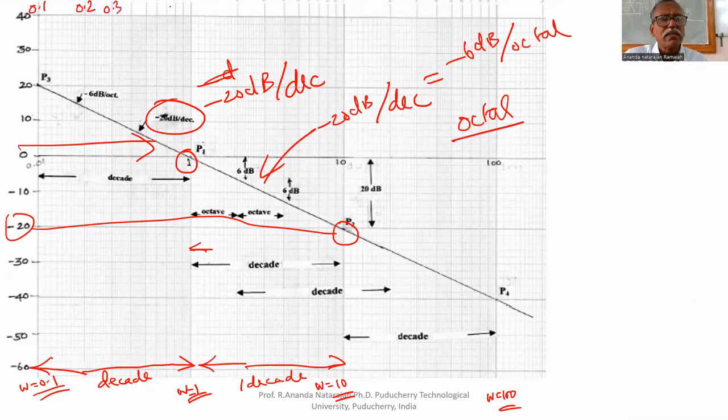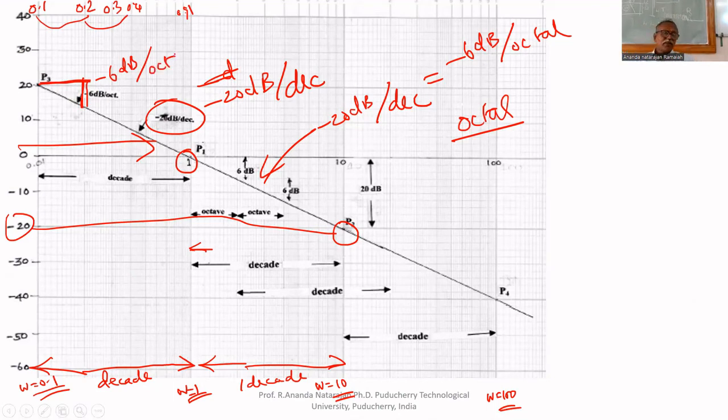Here the frequency is doubled again. When the frequency is doubled, what is the decrease in amplitude? Minus 6 dB. Therefore, minus 20 dB per decade as well as minus 6 dB per octave, both are the same.